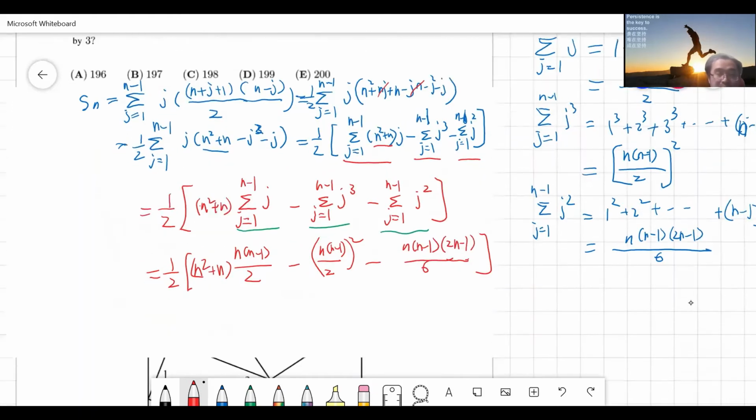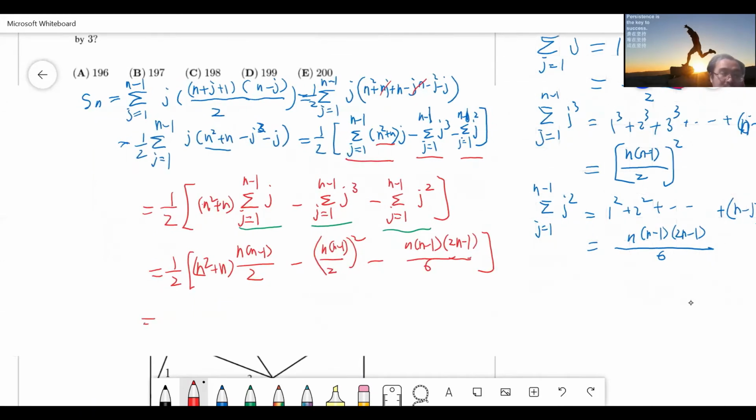So we can put them on the same denominator. That's going to be 1/2 times 1/12, right?